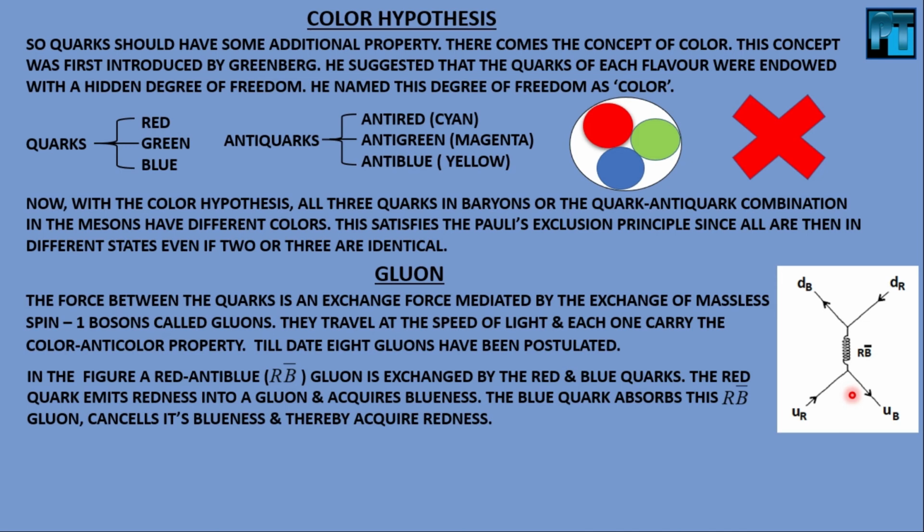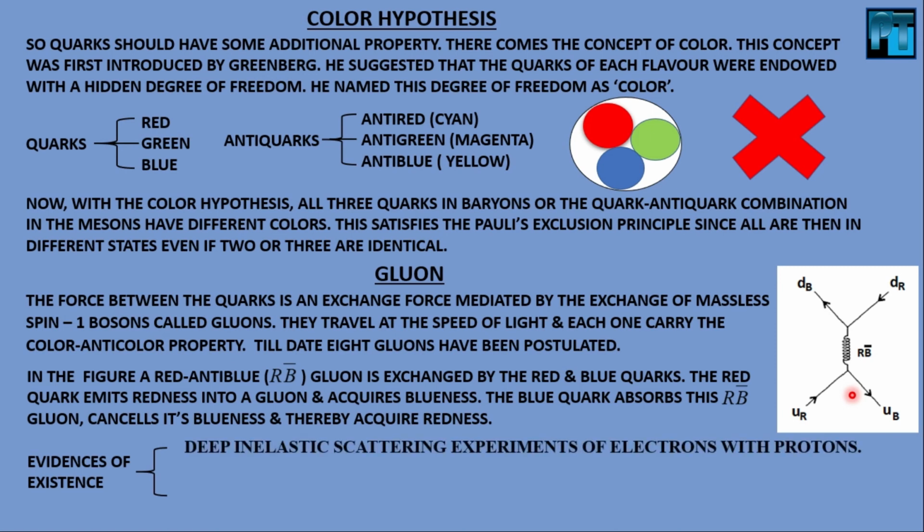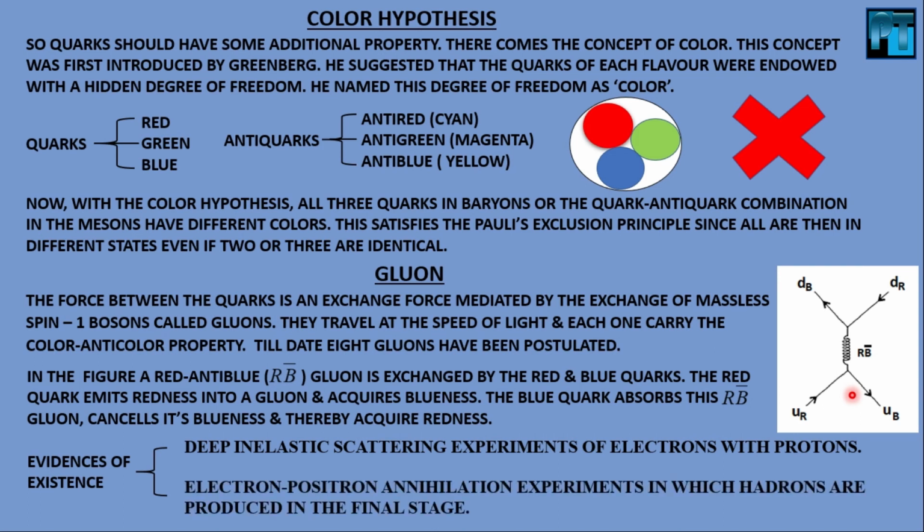What are the experimental evidences? Yes, of course, there are experimental evidences that there are some mediating particles or mediating exchange particles between quarks. First one, the deep inelastic scattering experiment of electrons with protons, and second one is the electron positron annihilation experiment.